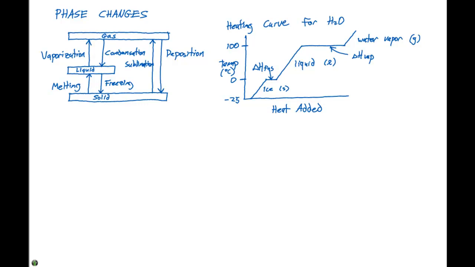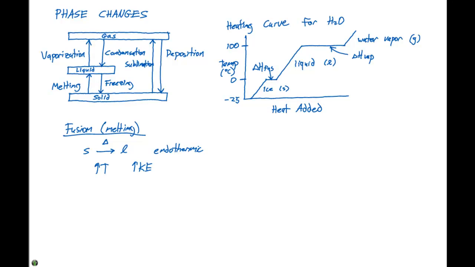The first is fusion, which is commonly referred to as melting. And this happens when we go from a solid to a liquid. In order for this to happen, we need to add heat. So this is an endothermic process. Okay? As we increase our temperature, we are going to increase the kinetic energy of all of these particles.